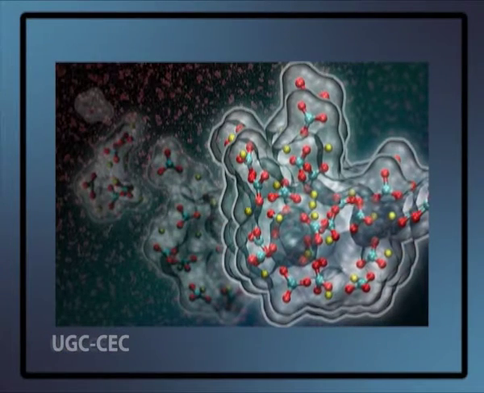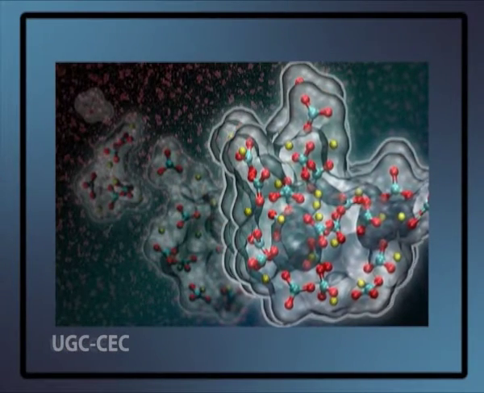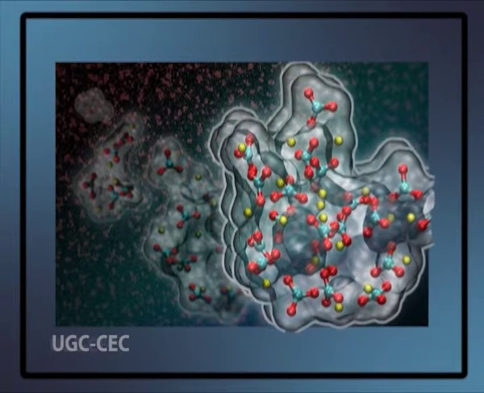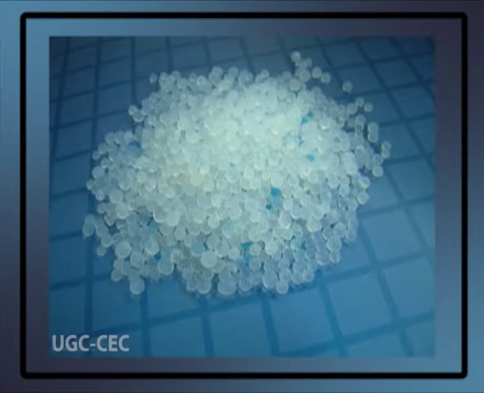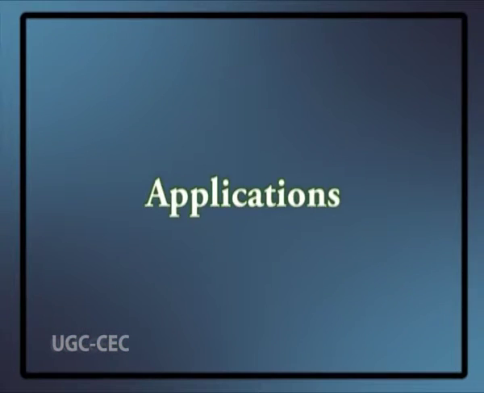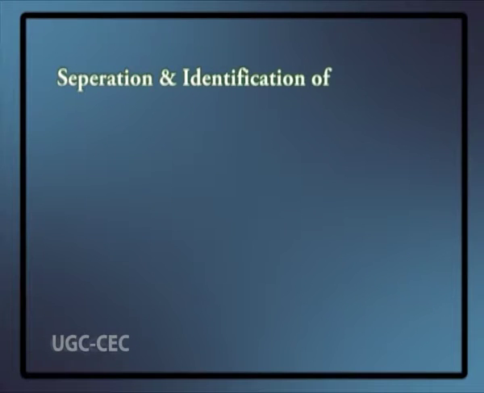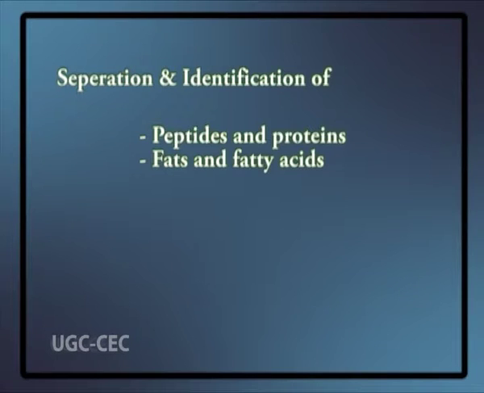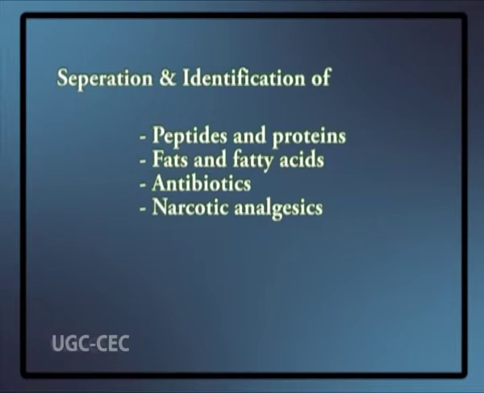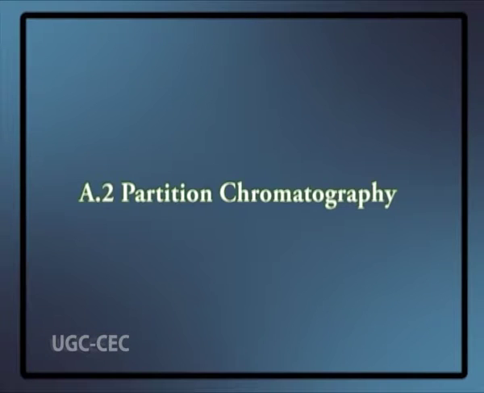The more the affinity of the molecule of a particular component, the less will be its movement. Silica gel is the most common stationary phase in adsorption chromatography. Application. It is used for separation and identification of peptides and proteins, fats and fatty acids, antibiotics, narcotic analgesics, glycosides, amino acids, etc.